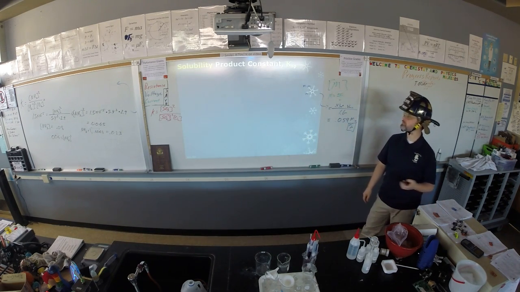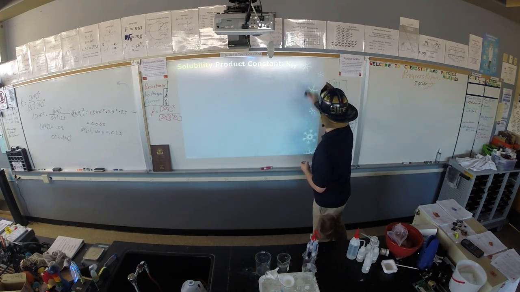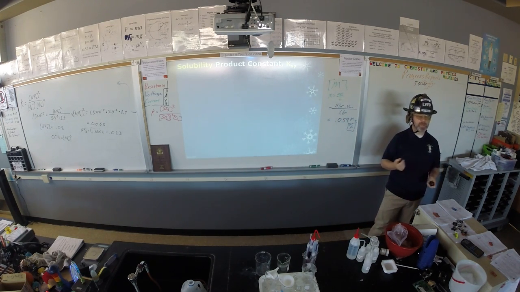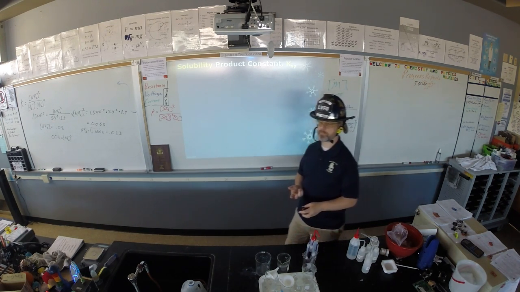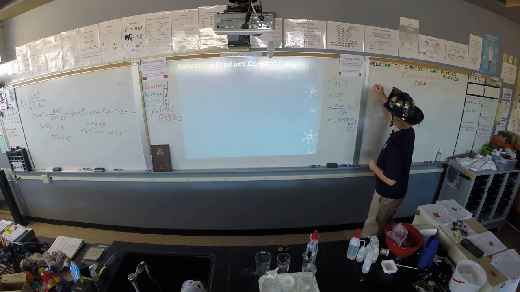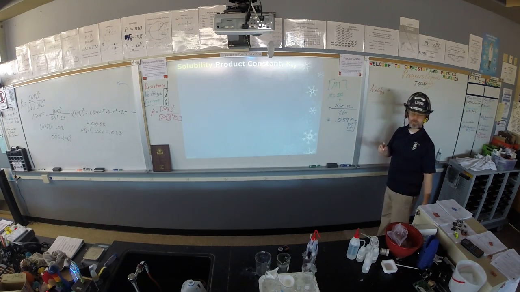Okay. Off we go. Alright, so solubility product. Solubility product is what you use to determine how many ions you can dissolve in solution. Let me give you an example. If you take solid sodium chloride and you dump it into water, what's that sodium chloride going to do?